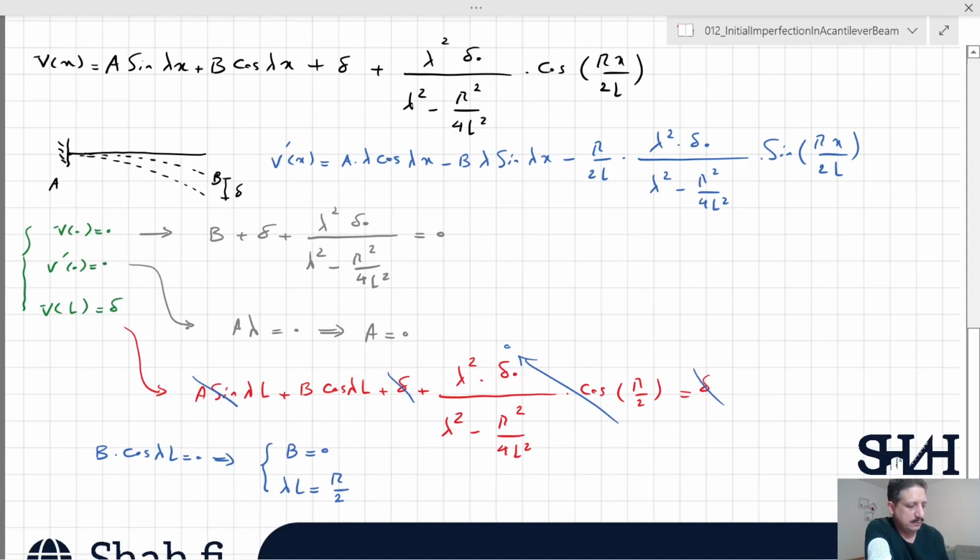If lambda L is pi over 2, then again we are coming back to the calculation of the buckling force that we already know.